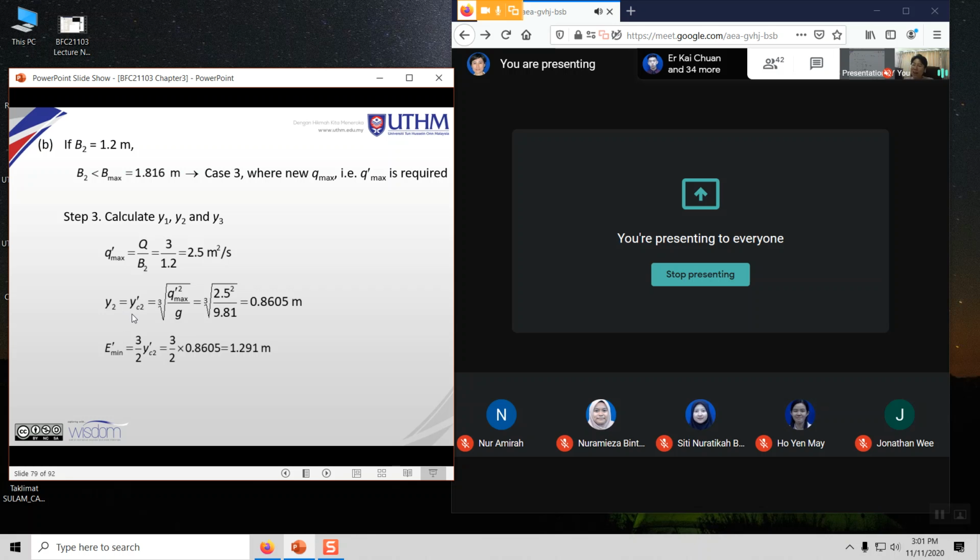Then your YC2 is the cubic root of Q squared over g. You have Y2 0.8605. Then you have the new E min, which is 3 over 2 YC2. Here's the thing, once you have your new E min, you can get your new E13 using this E min.